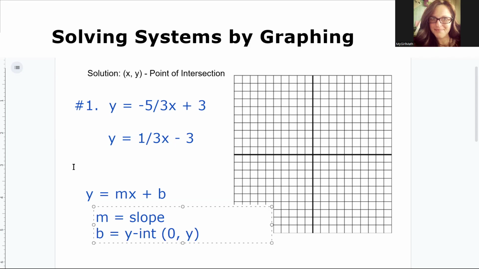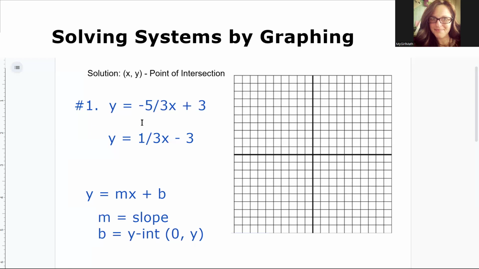Let's start with the first line. Starting with our y-intercept, positive 3. We'll graph that point, positive 3. And then using our slope, rise over run, we'll start at our y-intercept.